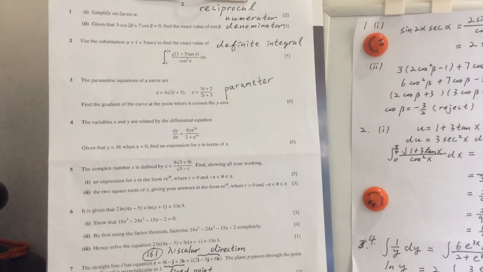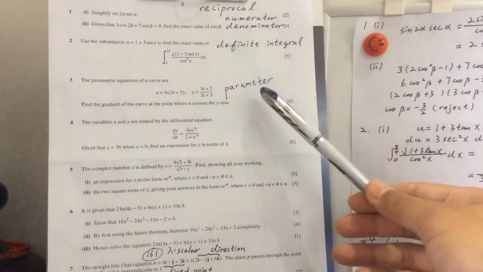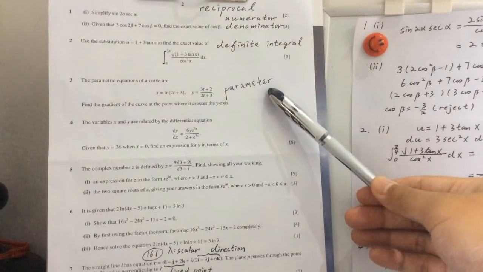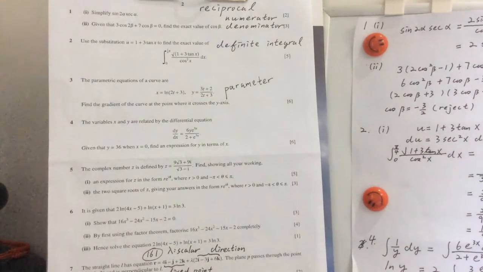But now, x is a function of t. t we call the parameter. And y is also a function of t. Okay? So to find the gradient of the curve, we need to find dy by dx first.